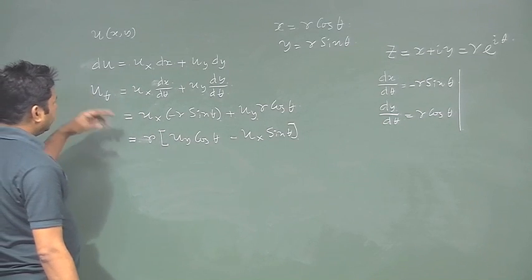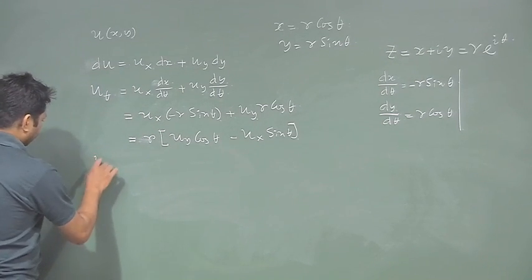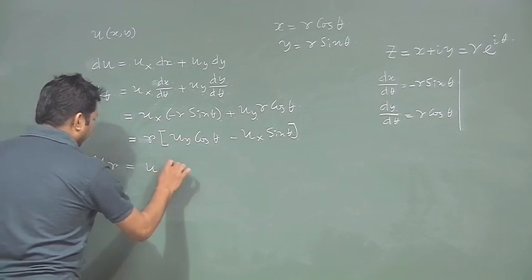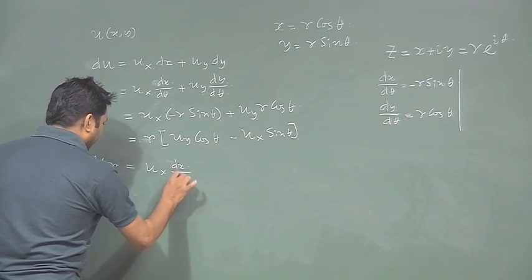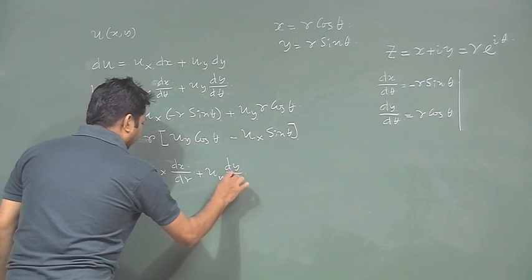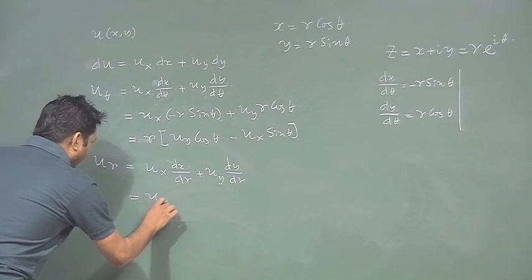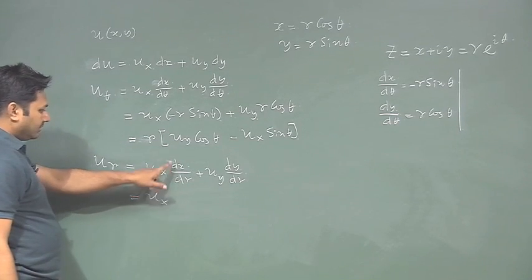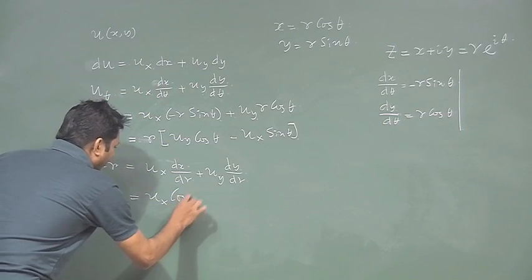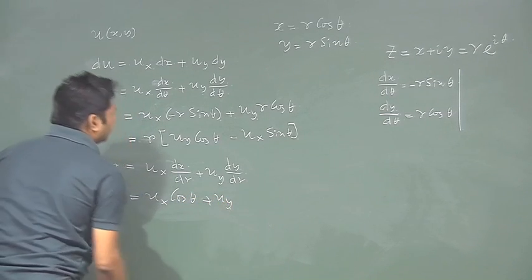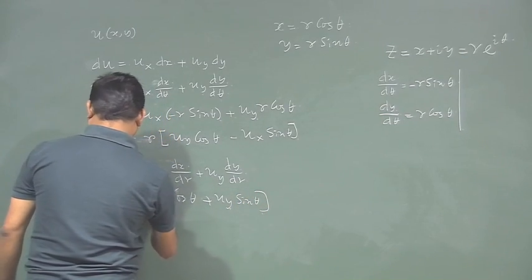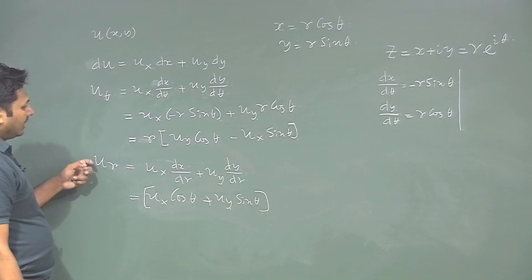In a similar way, exactly in the similar way, I can have ur. ur is ux dx dr plus uy dy dr. ux dx dr, from there I can readily write, is cos theta, and uy dy dr is sin theta. So two expressions, u theta and ur, I find.